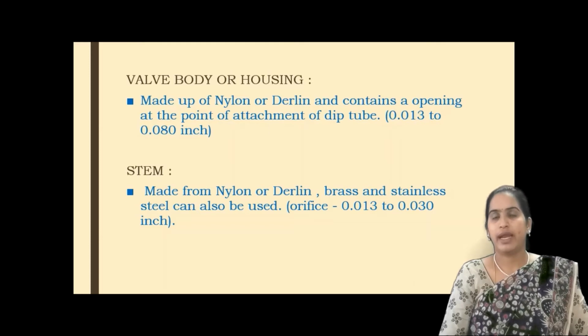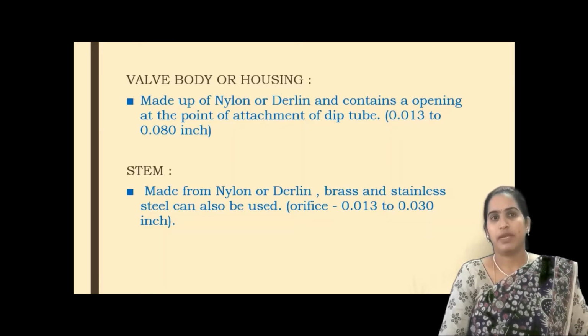Together with the stem, the orifice of the housing will determine the form of delivery, that is, in which form we want to deliver the product. That will be decided by the orifice size and stem diameter. And this housing is a link between the stem, actuator and dip tube.